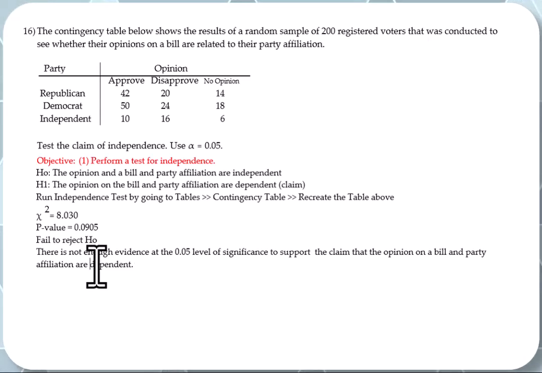So again, in this type of question, independence test, H0 will always be that the variables are independent and H1 will be that the variables are dependent. That concludes the study guide.